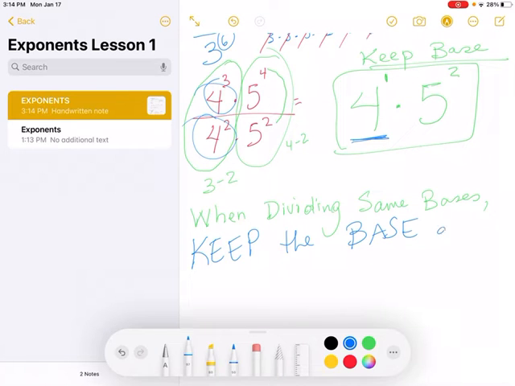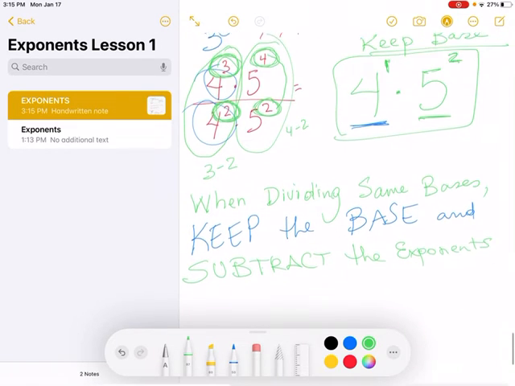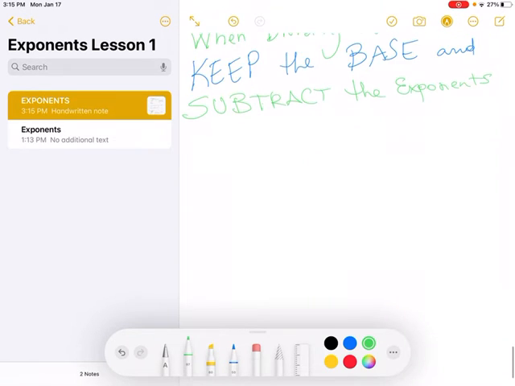Keep the base and the keyword right here, subtract the exponents. So we keep the base and we subtract the exponents. So 3 minus 2 gives you 1. 4 minus 2 gives you 2. But you are keeping the bases. Okay, so you could pause it, take notes, and then come back and try a couple problems.